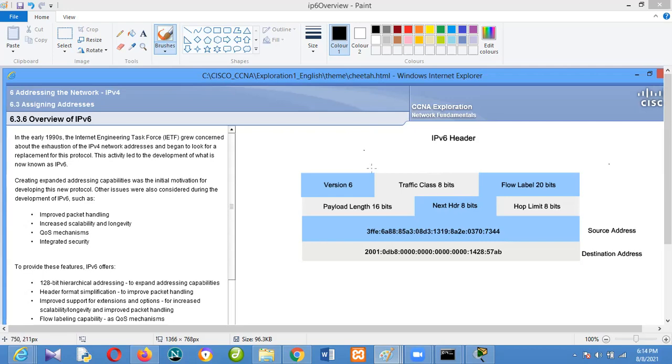Now, IP6 is still a logical address, as we all know, but it is a 128-bit logical address with 8 groups of 4 hexadecimals. 8 groups: 1, 2, 3, 4, 5, 6, 7, 8.